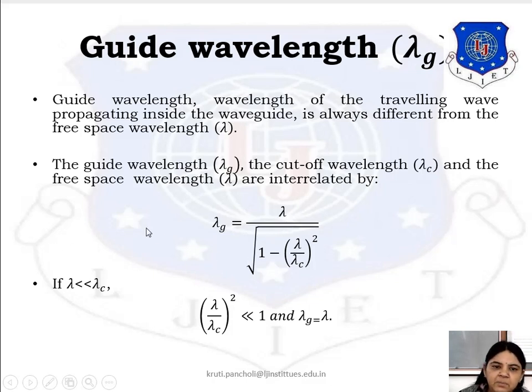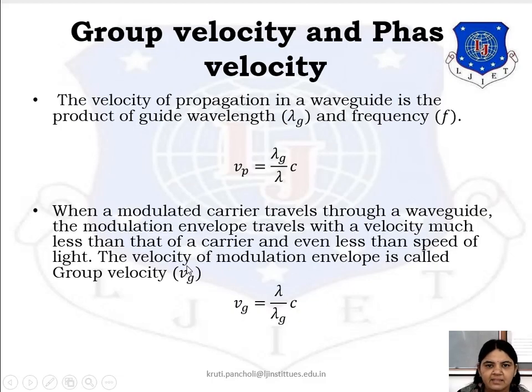So we can keep in mind that whenever lambda is much less than lambda c, the guide wavelength is equal to the free space wavelength.